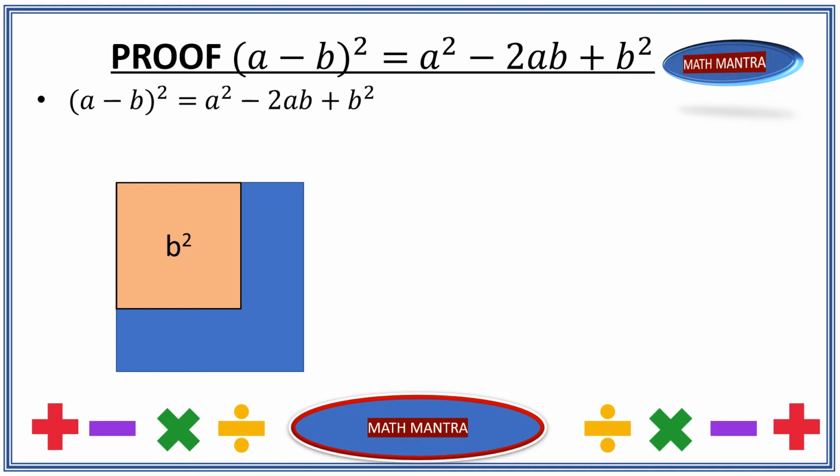Now, as we still know, the area of the blue square is a square and the area of the brown square is b square, right? Now what do we want to find out? We want to find out (a minus b) square. Okay, so let's put together the length of each line segment. As we already know, the longer line segment is a and the smaller one is b, right?